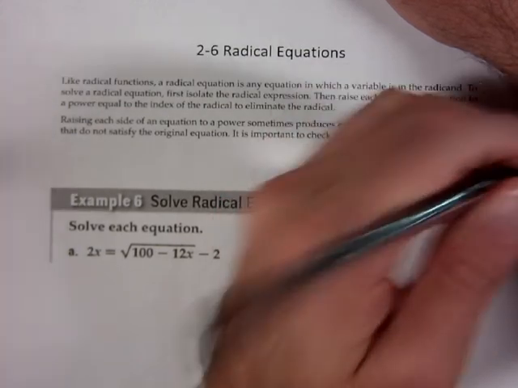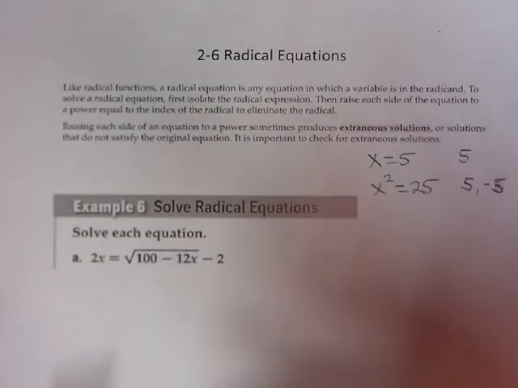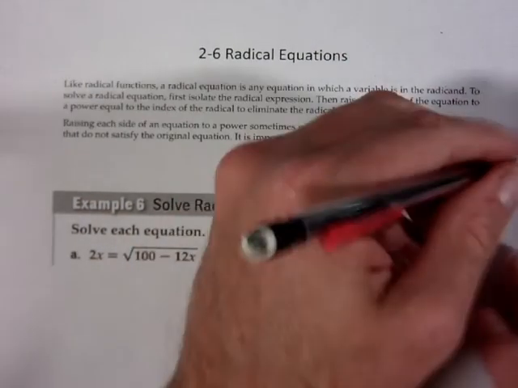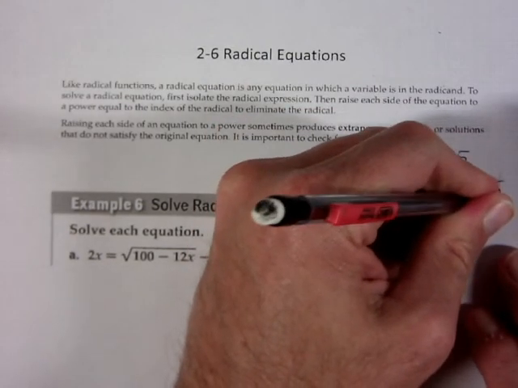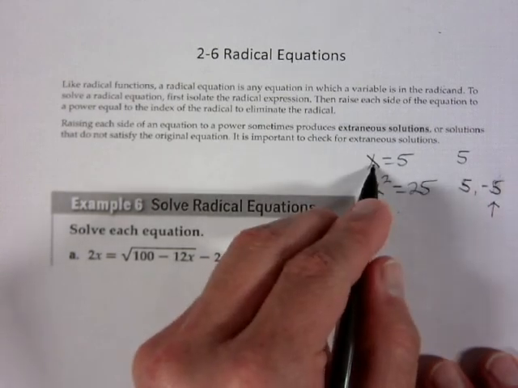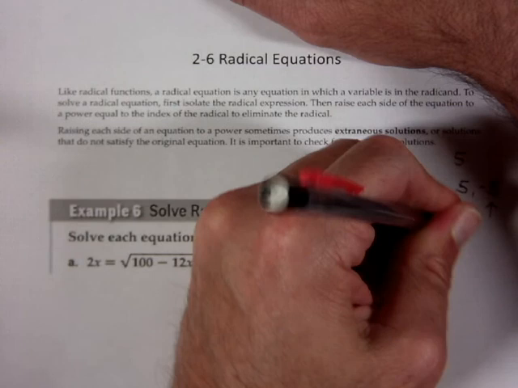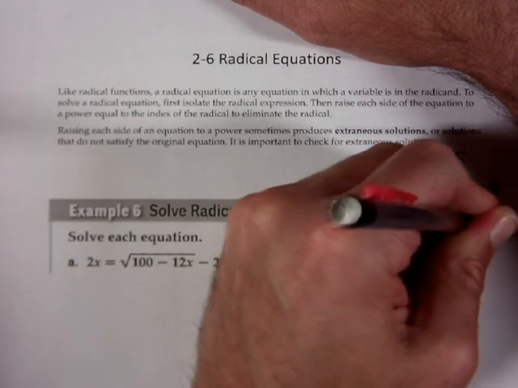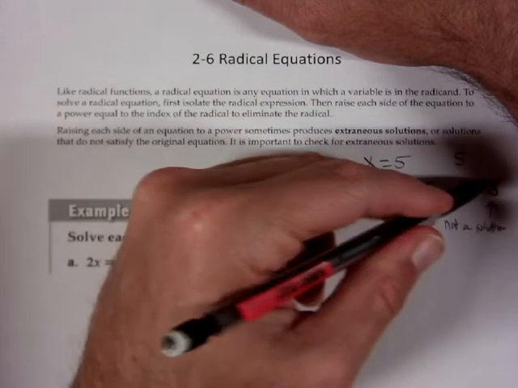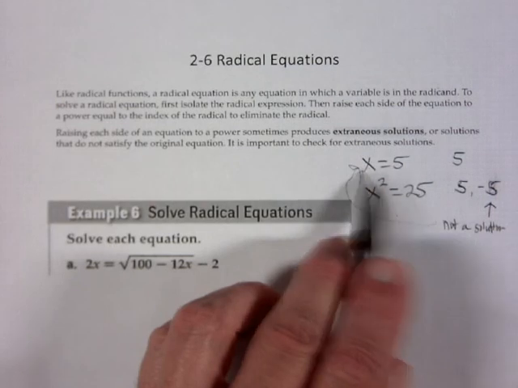Okay? So 5 squared is 25. Negative 5 squared is 25. And so this negative 5 is not a solution to the original equation. Negative 5 does not equal 5.